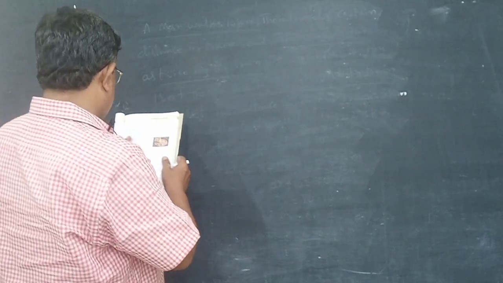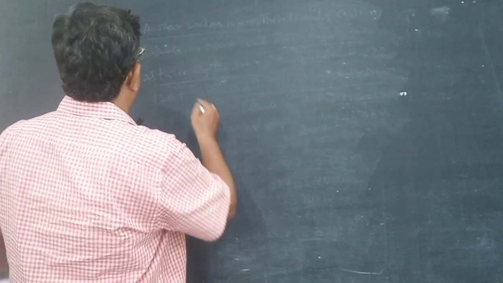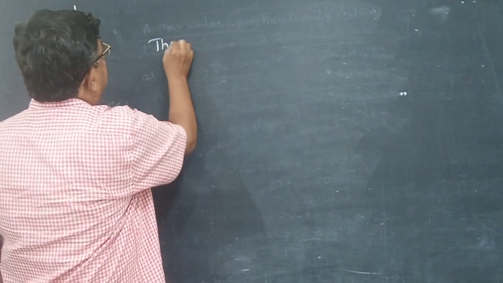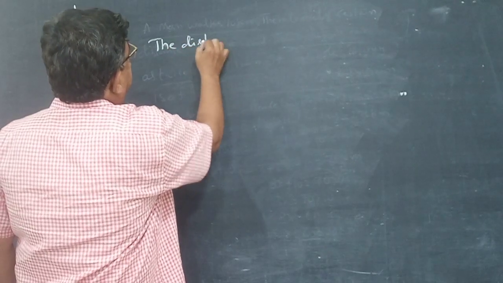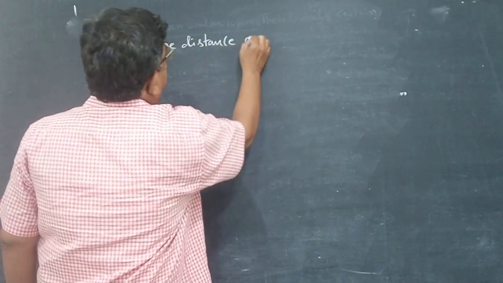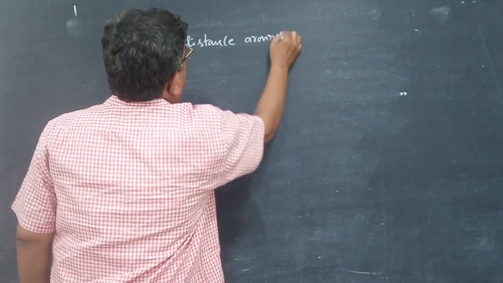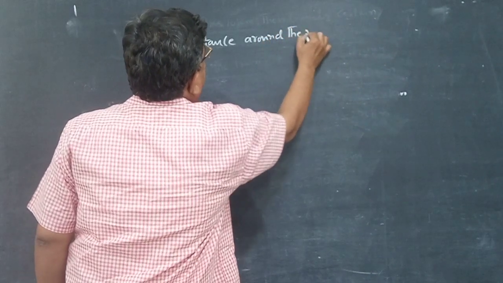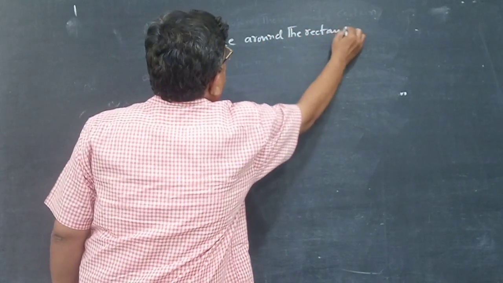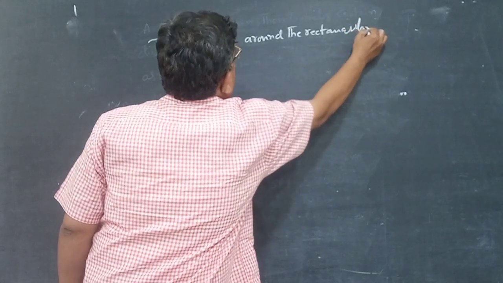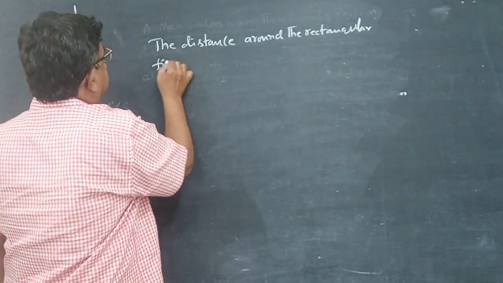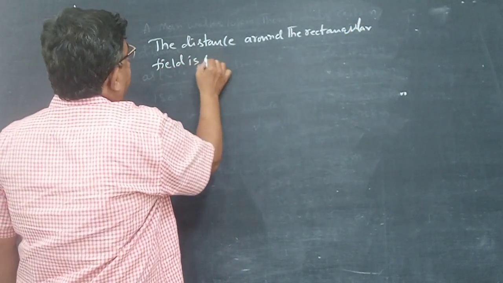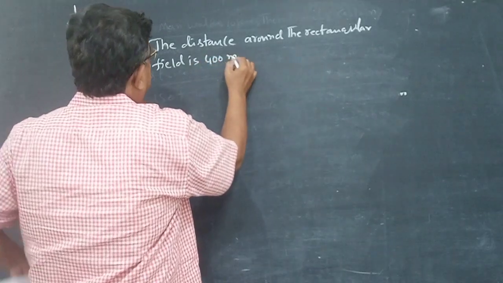So the distance around the rectangular field is 400 meters.